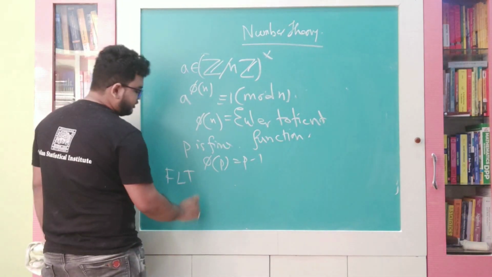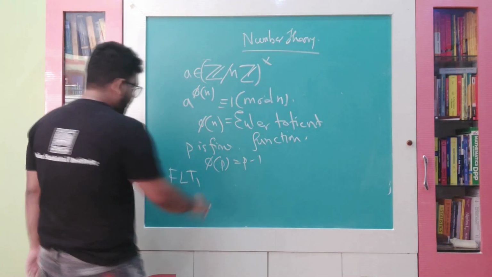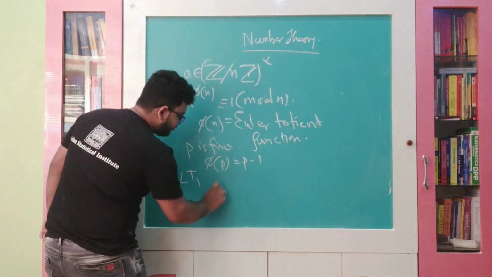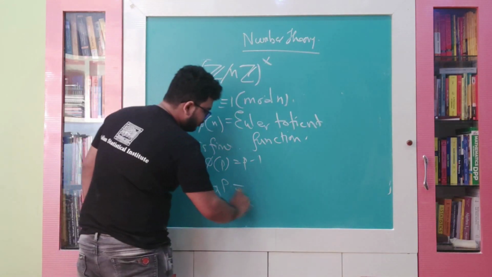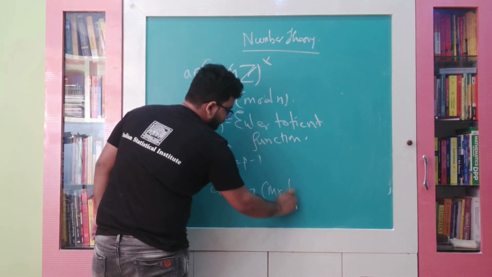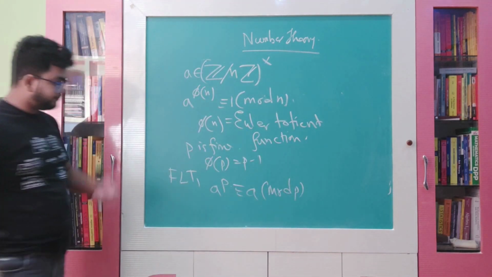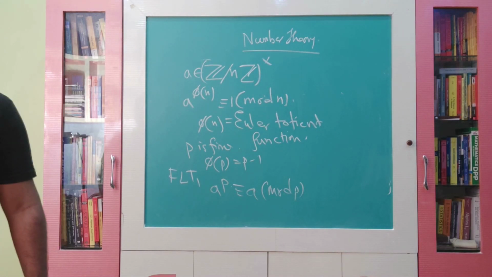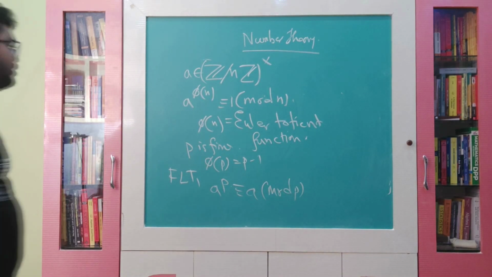This is Fermat's little theorem 1. So what is FLT1? Phi of P is P minus 1. FLT1 says that A to the power P is congruent to A mod P.